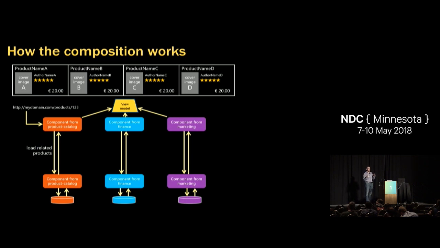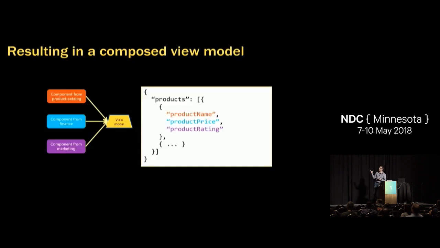But the trick here is that there is no orchestrator that is tightly coupled to all of those pieces. We can very easily plug in a fourth and a fifth vertical slice that will expand on the data that's coming to the user. This is what gives us that composed view model, that list of products where each field of data is coming from a different service.